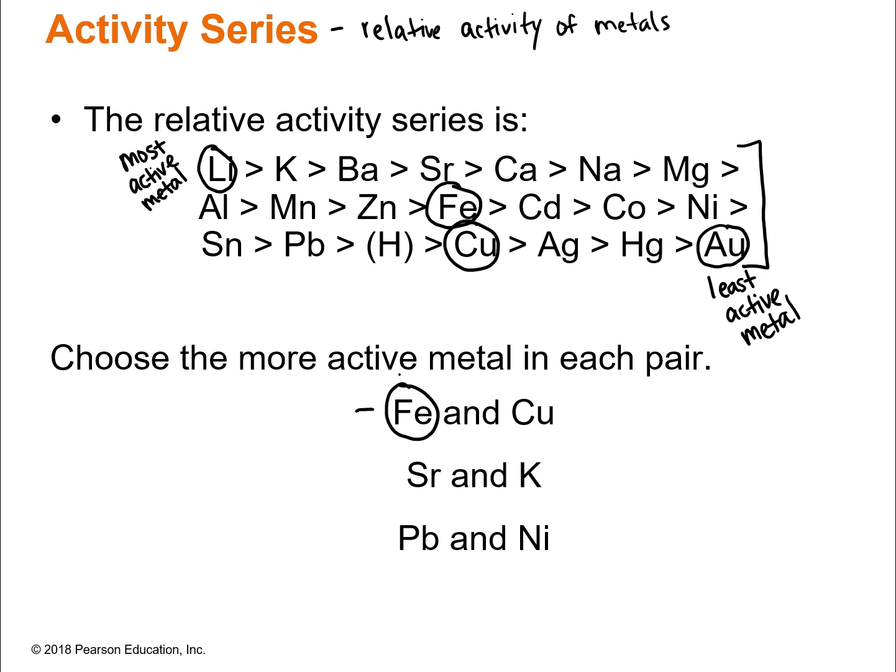Iron comes before the copper, so it is more active. What about strontium and potassium? Which one is more active? Yeah, the potassium comes first, so it's going to be potassium. And the last pair we have is lead and nickel. Nickel is up here and it comes before lead, so it's more active.